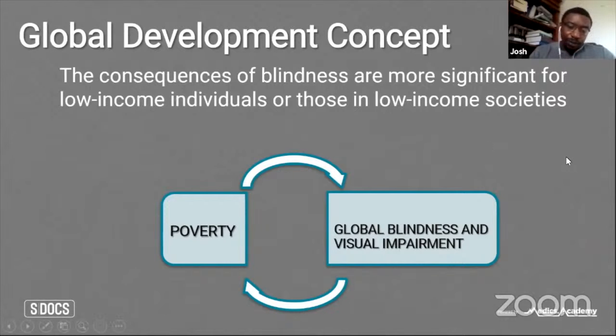So if we try to intervene with global health ophthalmology and target global blindness and visual impairment, you may well have a massive hand in helping bring people out of poverty, providing more opportunities for them, providing, in essence, and in very general terms, socioeconomic development for an individual, for a population, for a country. So really massive potential for benefit with these interventions in global health ophthalmology.